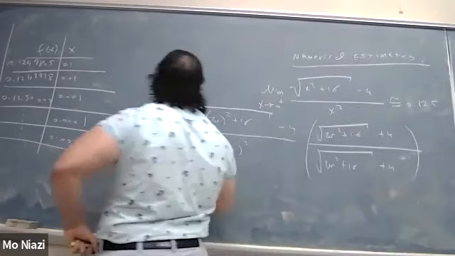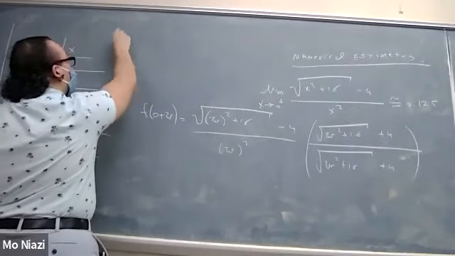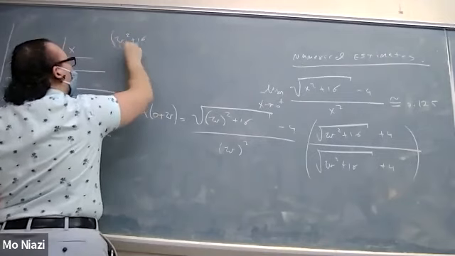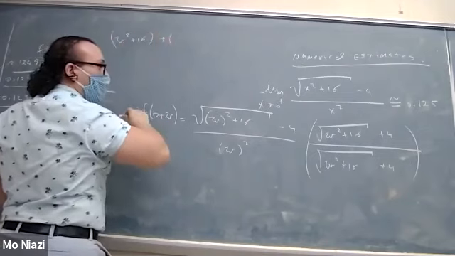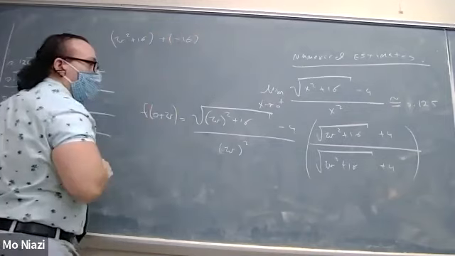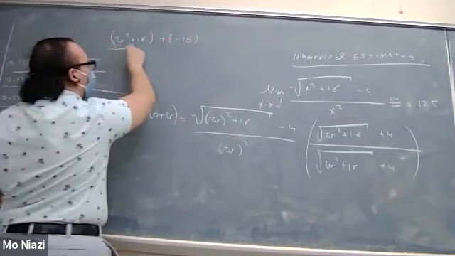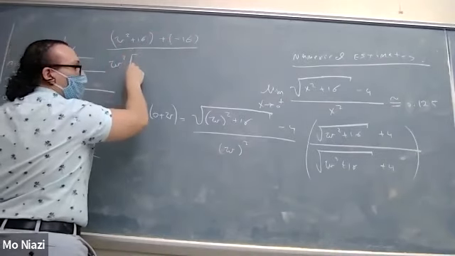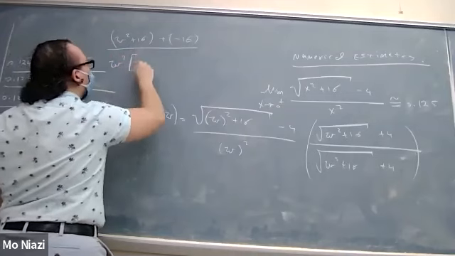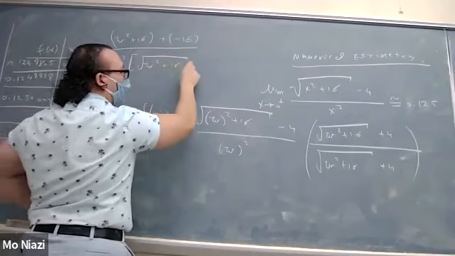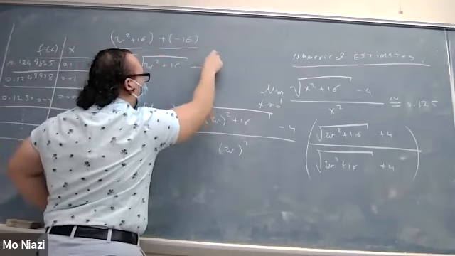So what we do is multiply top and bottom by the conjugate. Moving the calculation over here, what you end up getting is omega squared plus 16 plus a negative 16, because negative 4 times positive 4. And then over here you get omega squared times the quantity, square root of omega squared plus 16 plus a 4.